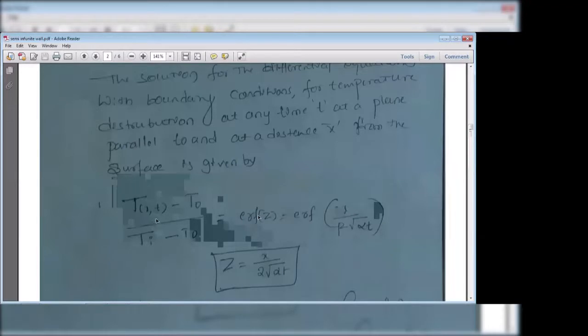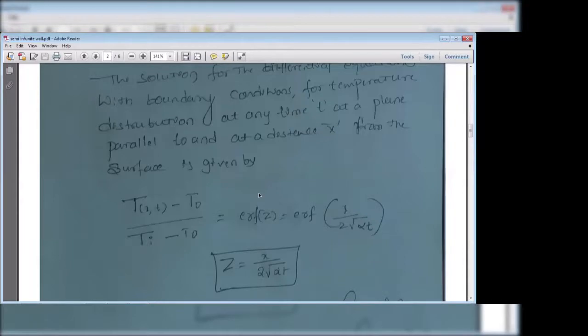T of x,t minus T naught, where T naught is called the surface temperature, is the temperature at any value of x and t, and Ti is called the initial temperature.